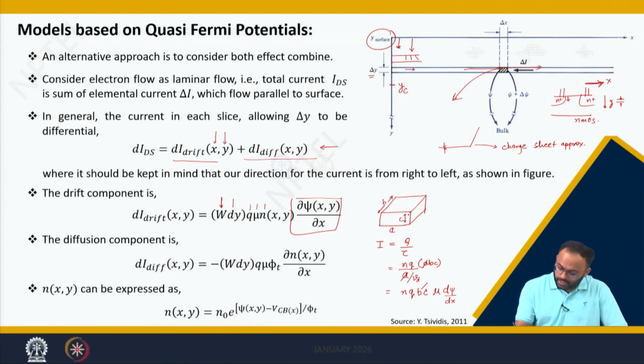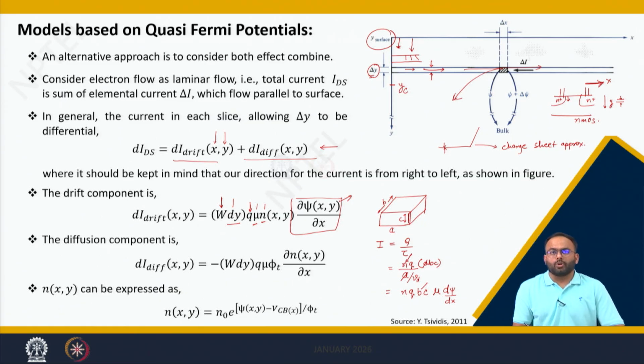C is nothing but the thickness. So if we are talking about one particular slice having a thickness of delta y, then we can rewrite it as dy. N is the electron concentration in that particular slice, mu is the mobility with which the electrons flow in that slice, q is the electronic charge, and psi is the potential.